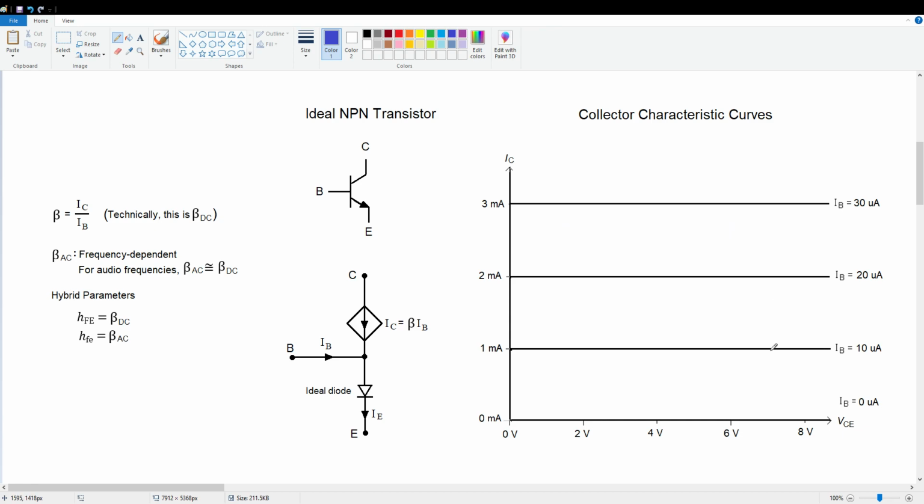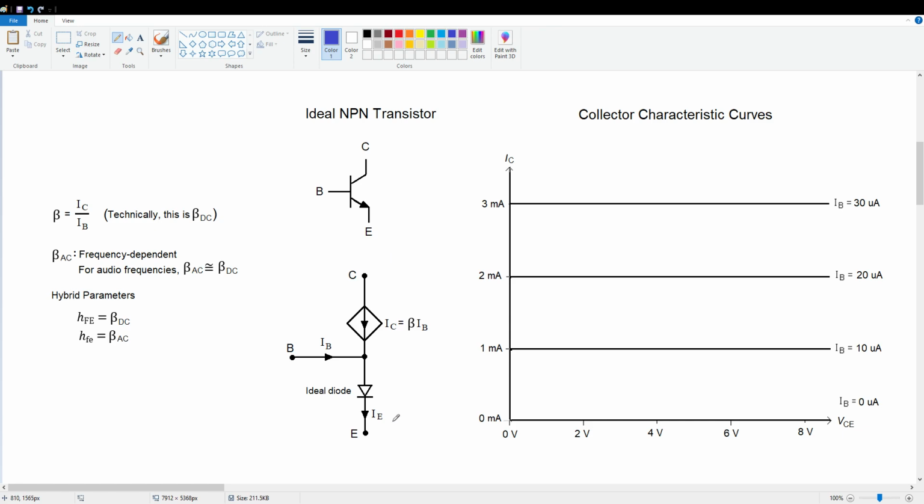Because the diode has no barrier potential, we have 0 for our VCE sat. That is, the collector to emitter saturation voltage is 0. And because this current source has infinite internal resistance, these collector characteristic curves are perfectly horizontal. That corresponds to infinite resistance in this current source.